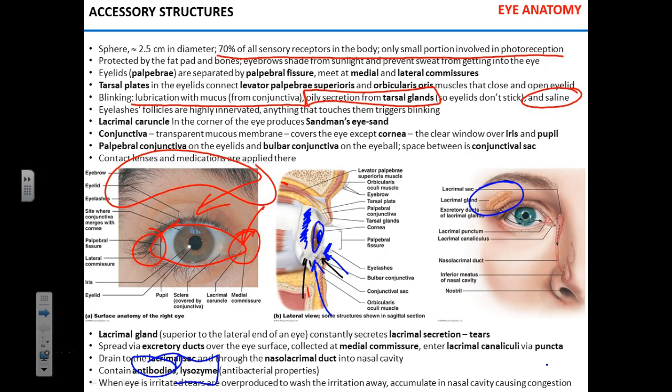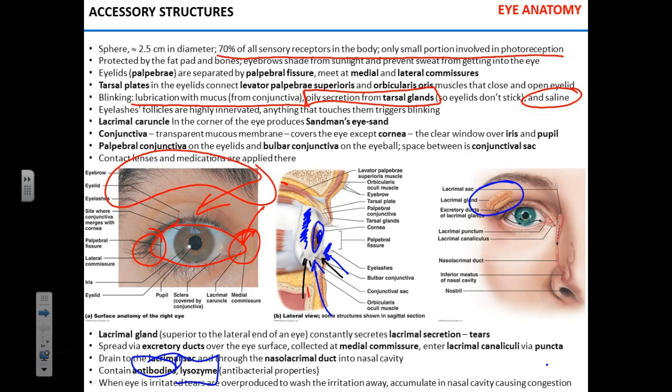So tears, not only, they don't lubricate the eye that much, their function is to wash whatever dust and anything that gets on the surface of the eye is being washed by the tears. Okay, since it may not only be dust but also bacteria and viruses and whatnot, tears contain lysozyme, antibacterial, and antibodies that are responsible for immune recognition and destruction of whatever pathogens end up on the eye surface.